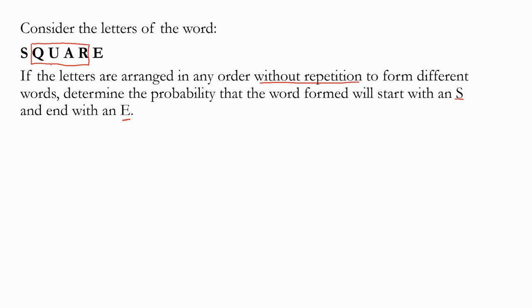We just talked about this. There are 4 letters here without repetition. How many possible ways can these 4 letters be arranged? It is 4 factorial, because it's going to be 4 times 3 times 2 times 1. So it's 4 factorial.